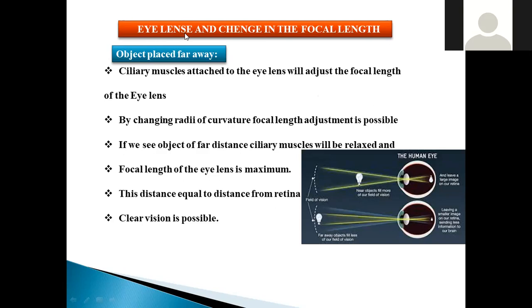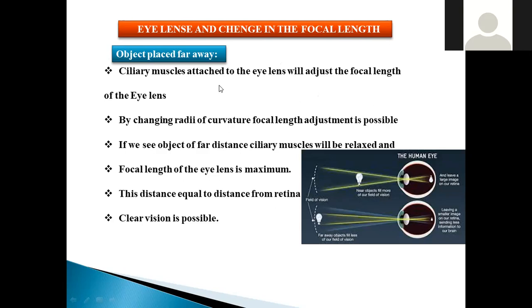In this, how is the eye lens able to adjust the focal length? Some objects are very near to us, some are far away, and some are in between. The objects in our surroundings are not at a fixed distance from one another, so the distance varies.